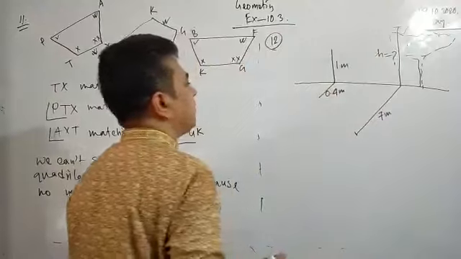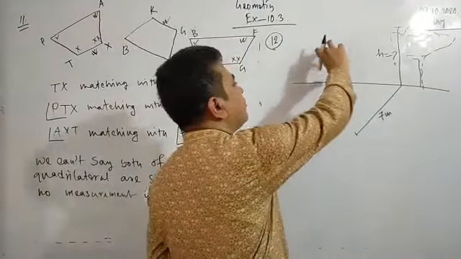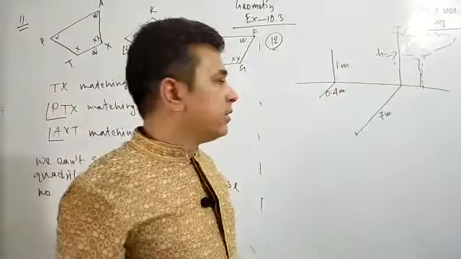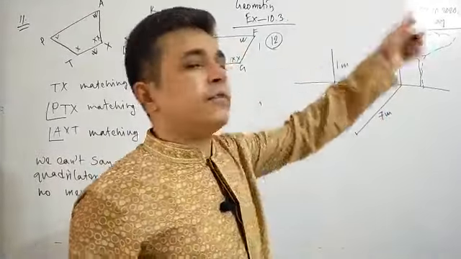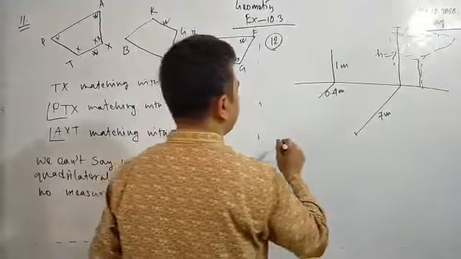Okay, look at that here. It's very simple. If height is 1 meter, shadow is 0.4. If height is 7 meter, what will be the height?